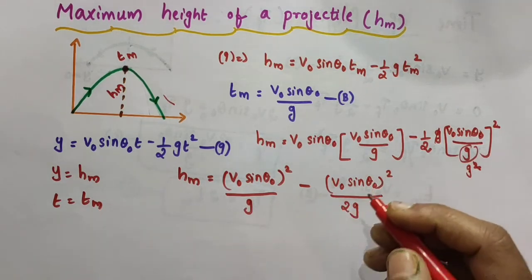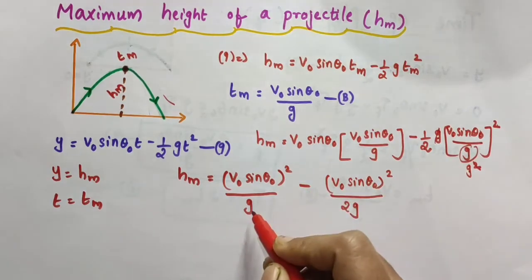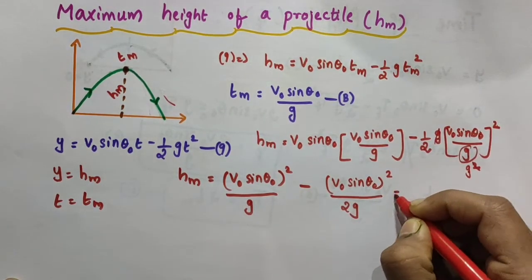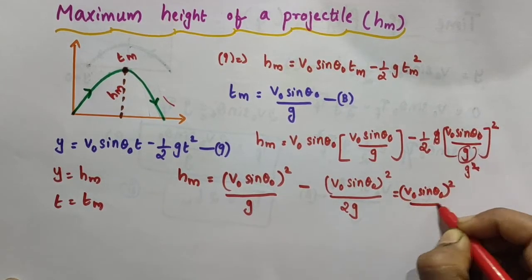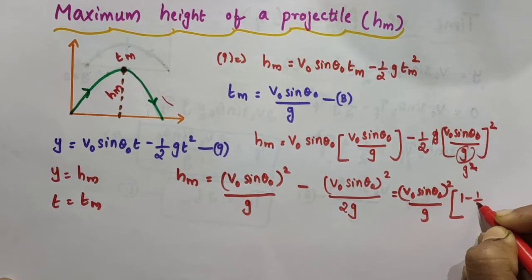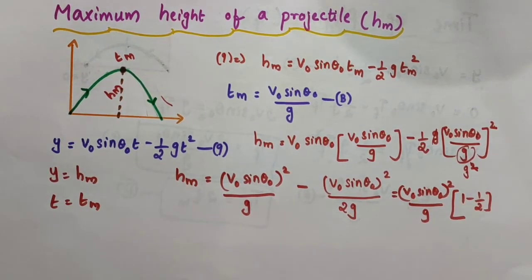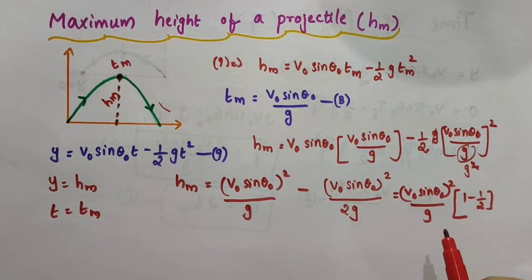You can just take (V0 sin theta 0) square divided by g as common. When you take that as common, this becomes 1 minus 1 by 2. When you subtract half from 1, you will get half.